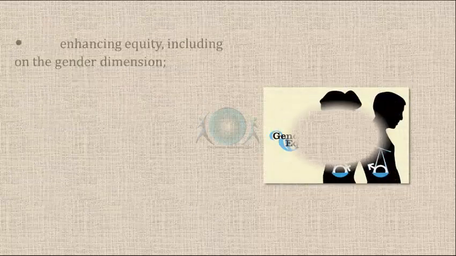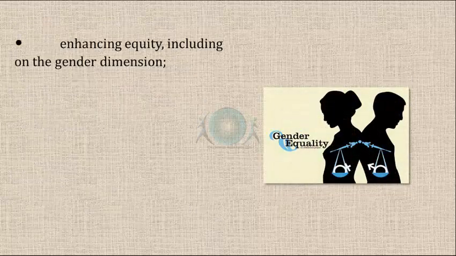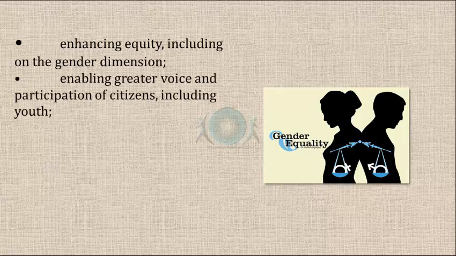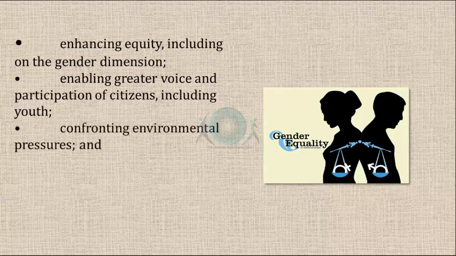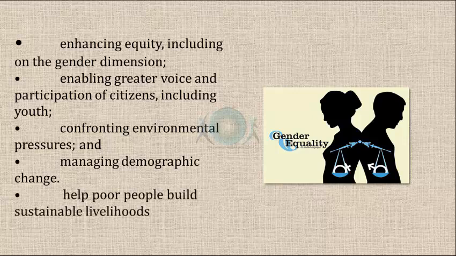They are enhancing equity, including the gender dimension, enabling greater voice and participation of citizens, including youth, confronting environmental pressures and managing demographic change, and also helping poor people build sustainable livelihoods.